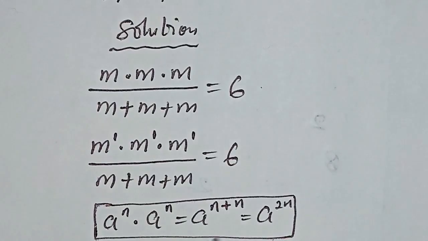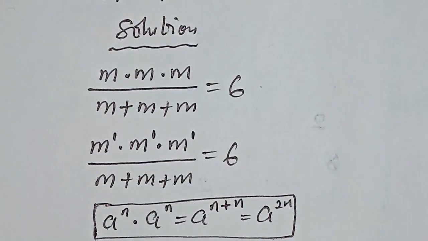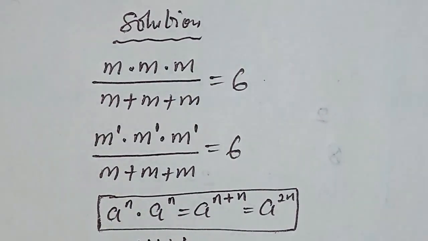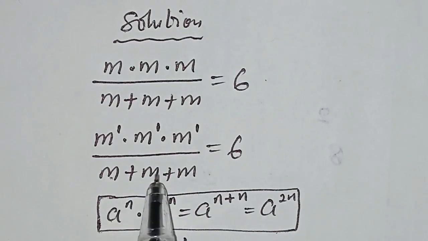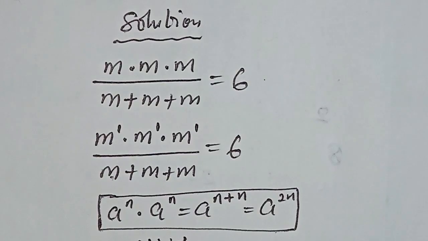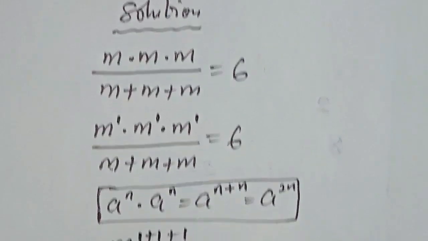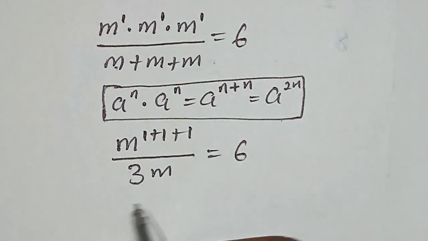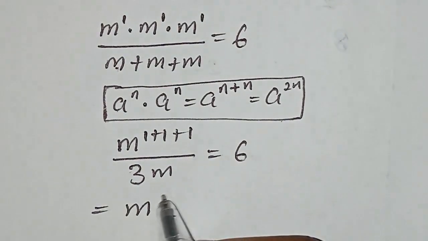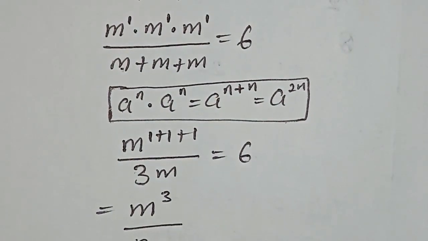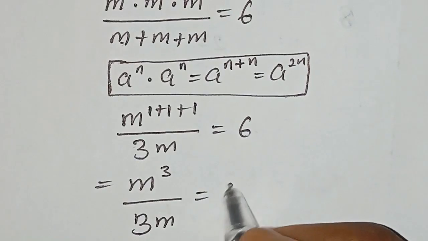From this identity we transform the numerator into m to the power of 1 plus 1 plus 1, then we add the denominator, we have 3m, all equal to 6. And this can be given as m to the power of 3 over 3m, which is equal to 6.